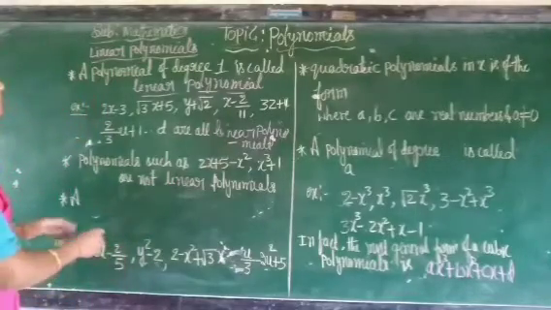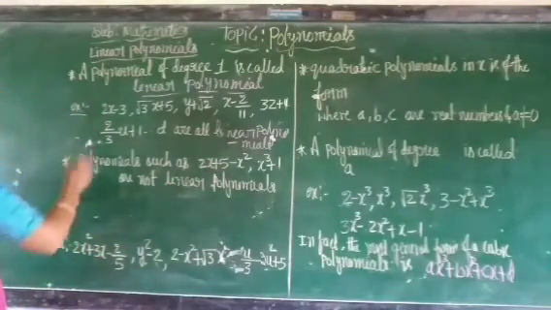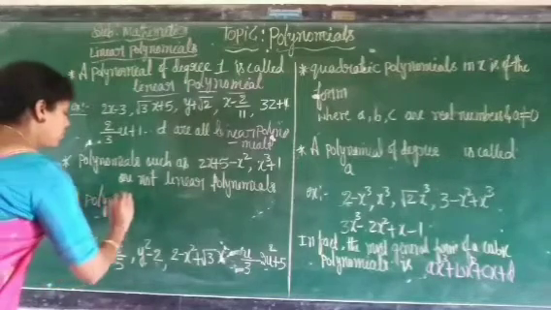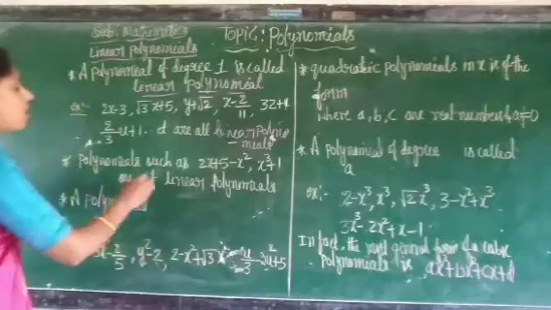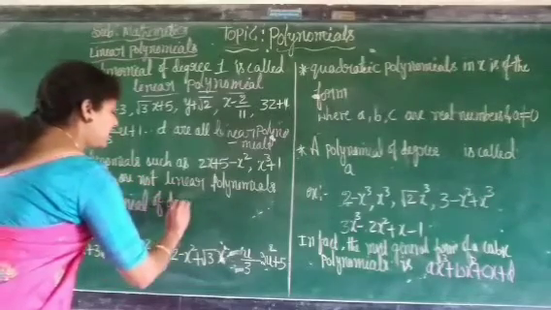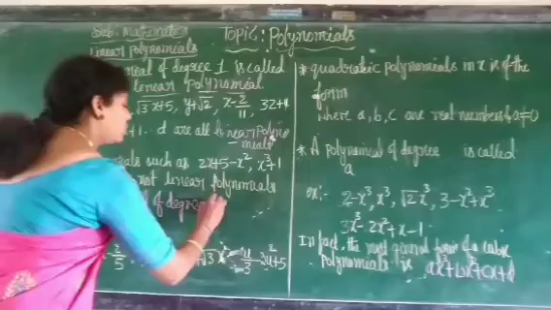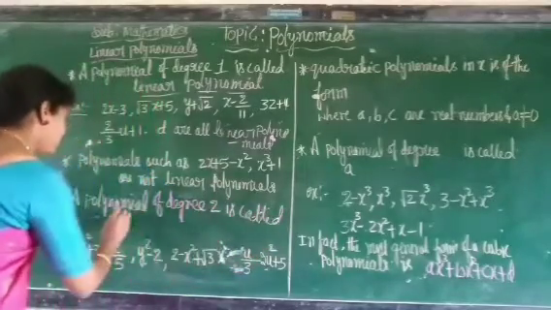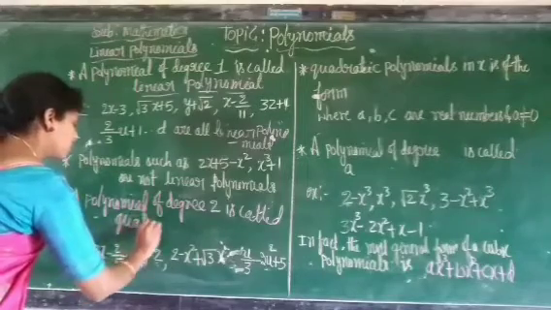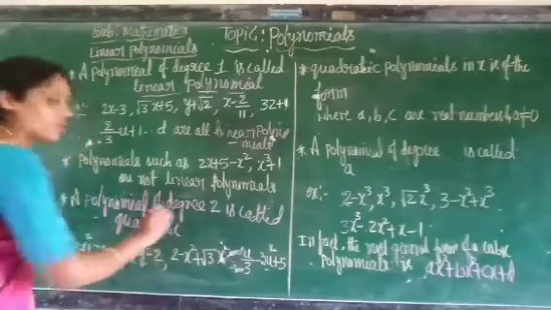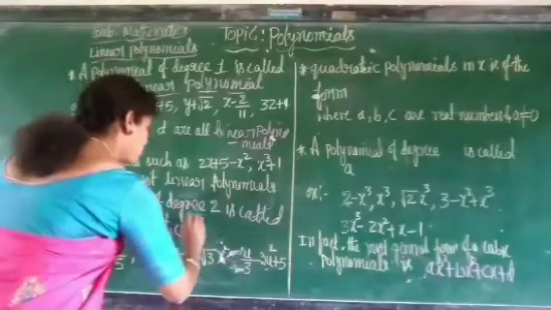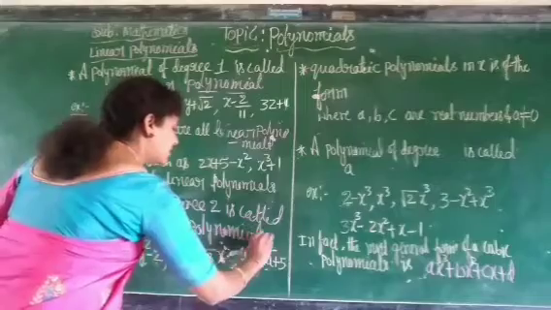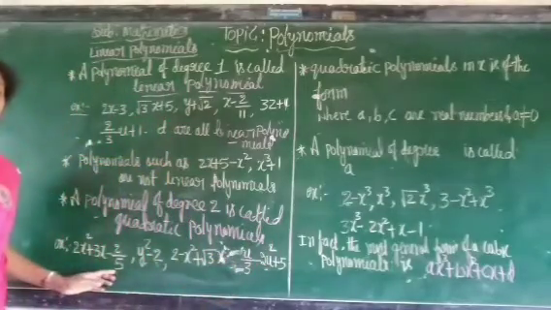Next one, quadratic polynomials. A polynomial of degree 2 is called a quadratic polynomial.